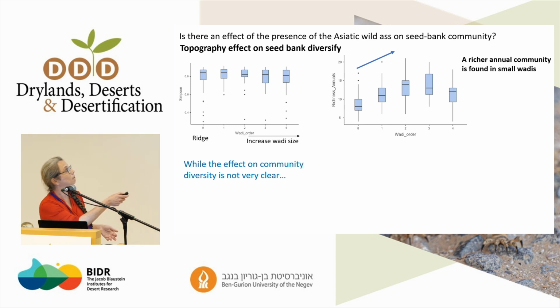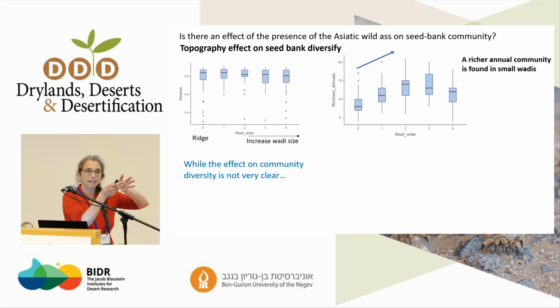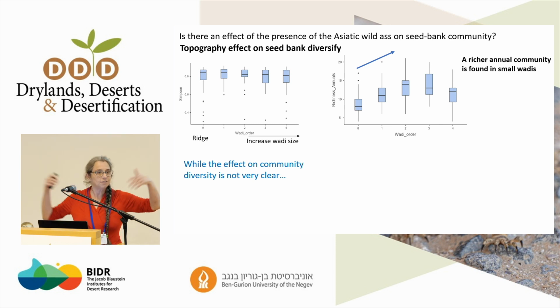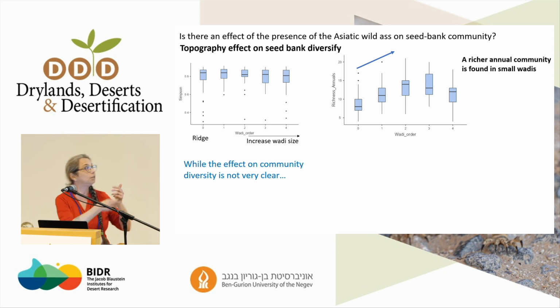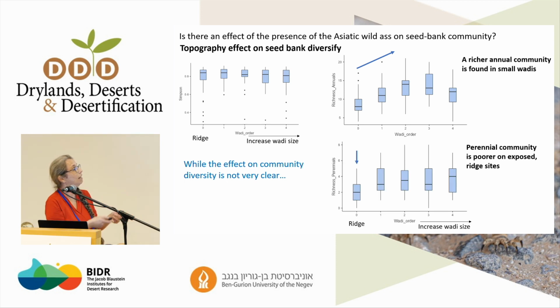So for example, when you're looking at the annual richness of the area, again in relation to topography, we see something very familiar: an increase in the diversity of annual species when you're going from the ridge to the small runnels, not in the large wadis where there's too much flooding going on. There you don't find a lot of annuals, but you see this nice increase.